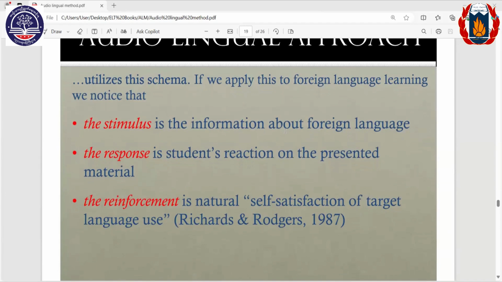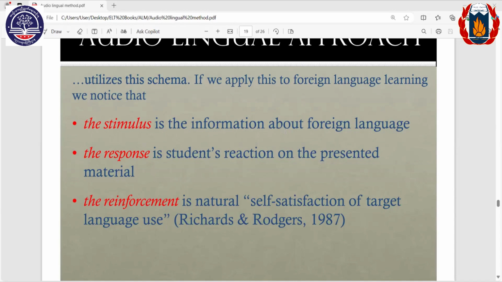Firstly, the teacher needs to give the stimulus or the information about the foreign language. Later, the student will respond to the presented material. You can show pictures and the student will produce an utterance, or you can ask a question and the student produces an answer. Reinforcement is also a self-satisfaction of the target language used.